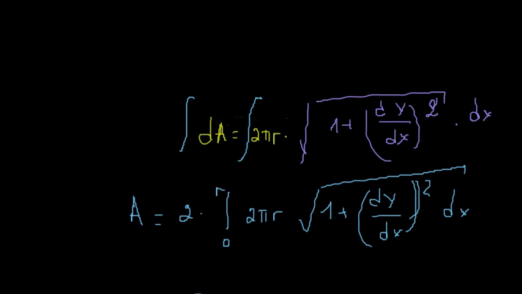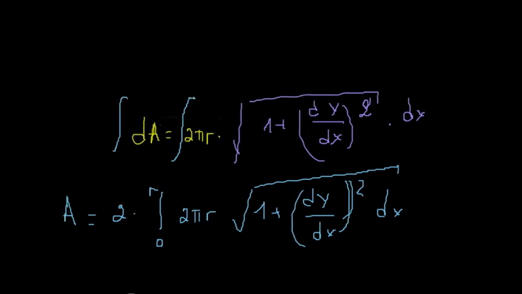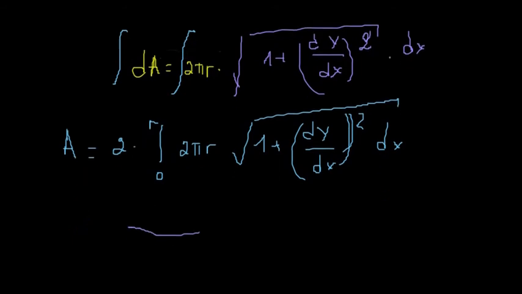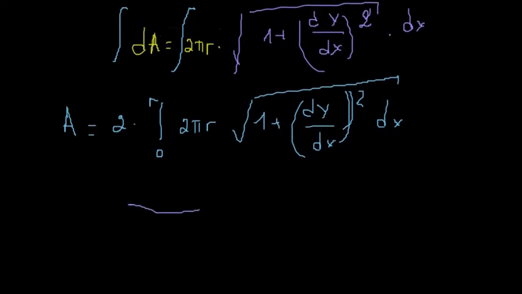So here we are going to do some calculation, but before that, let's write it as A is equal to 4 times the integral from 0 to r, pi is a constant, you can take it out, the radius is constant and can also be taken out.